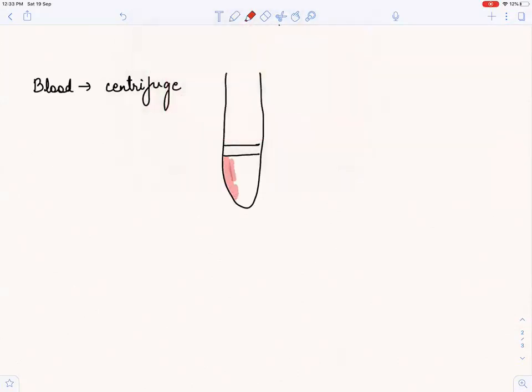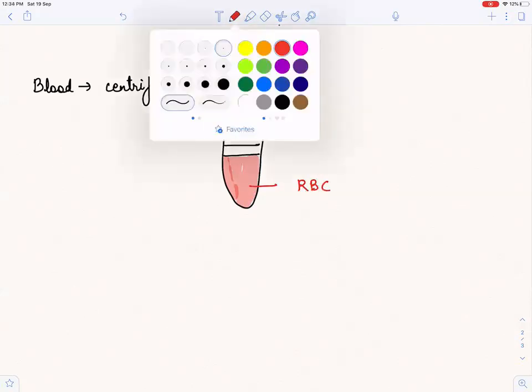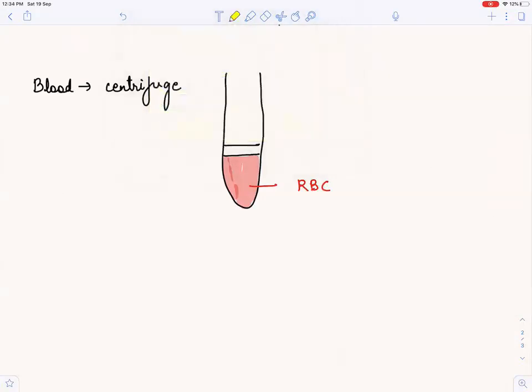The denser, obviously the dense part will settle down. So this dense part will be RBC, and there will be a buffy coat between, and above that buffy coat there will be plasma. So this is plasma.